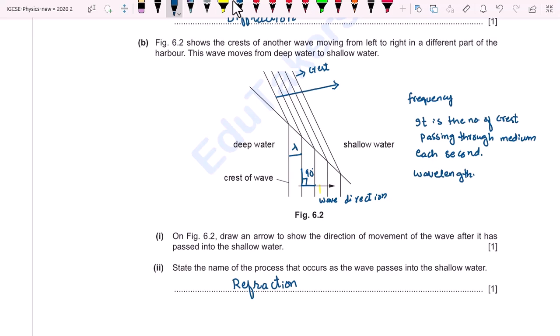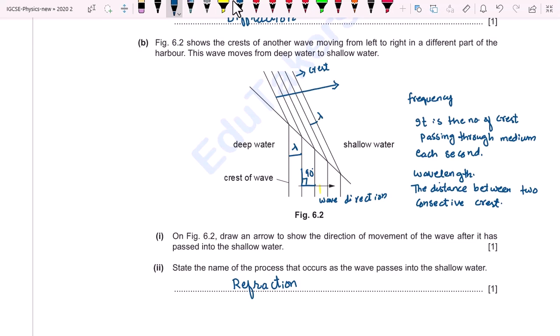So I write here the distance between two consecutive crests. And you can see from the figure that the wavelength in the deep water is lambda. I also represent the same on the shallow water. This is lambda.